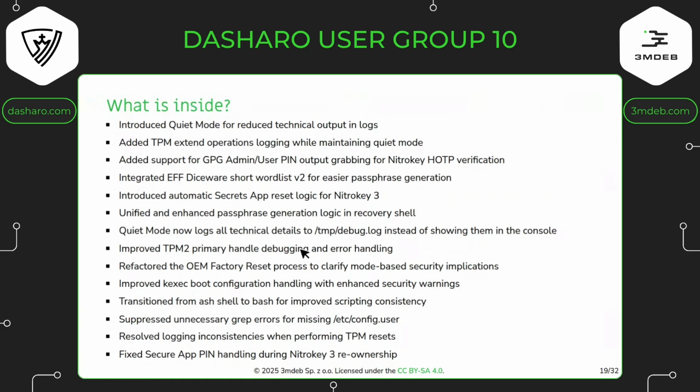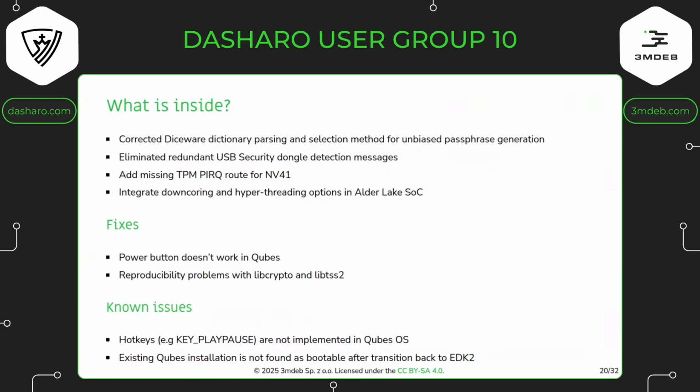You can go to docs.dasharo.com, supported hardware, NovaCustom, and go to the Heads release to read all that. I will not read that for you here. But there is a bunch of improvements in user interface, in interaction for provisioning, in recovery, in debugging. So this release is definitely worth looking into.